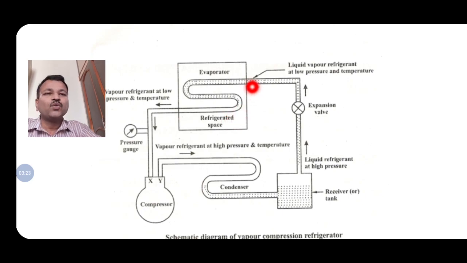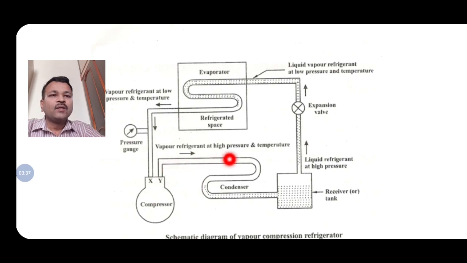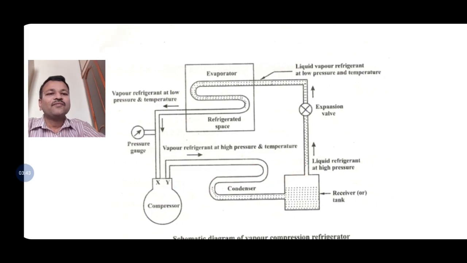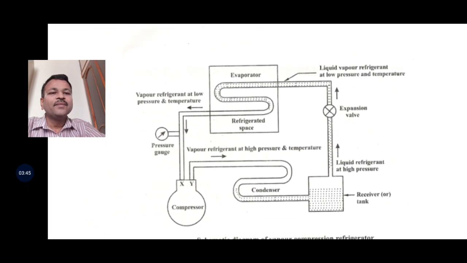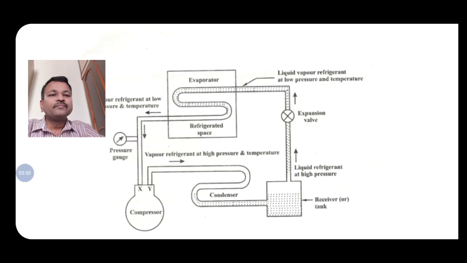This space only we have to make a refrigerated, cool space. Next, the pressure gauge. It is used to check how much pressure is there in the compressor. These are the various functions, or responsibilities, of each and every part of a vapor compression refrigeration system.